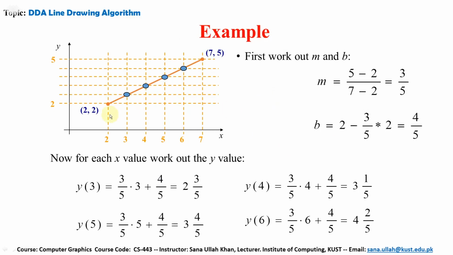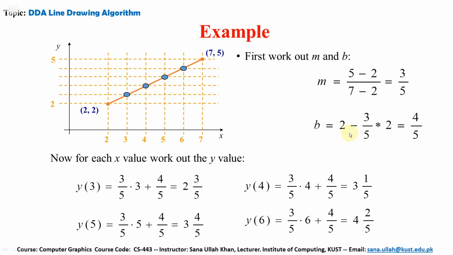If we want to find the intermediate points where the start and initial points are given, then first, using the line equation, we want to calculate m. So m is equal to y end minus y naught, where y end is 5 and y naught is 2, divided by x end minus x naught, in this case 7 minus 2, which is equal to 3 by 5.